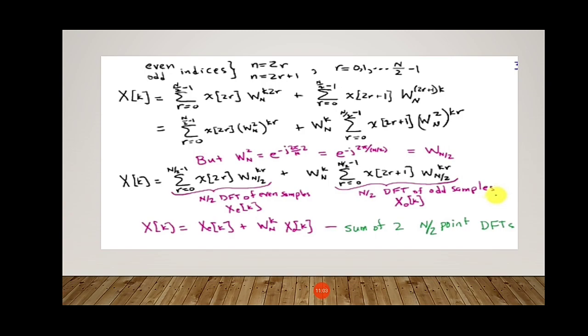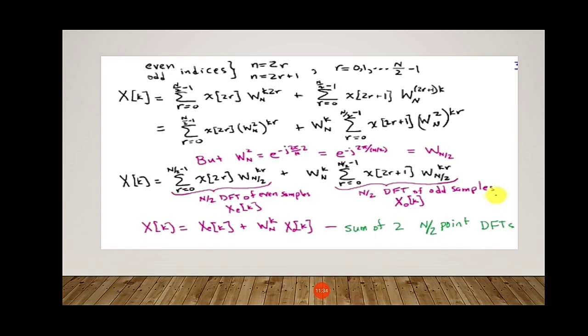Instead of e to the power minus j 2 pi by N, we have e to the power minus j 2 pi by N by 2. So we write it as W with suffix N by 2. Here, in the equation X[k], instead of W_N to the power 2, we can write W_N by 2 to the power kr for both the terms.